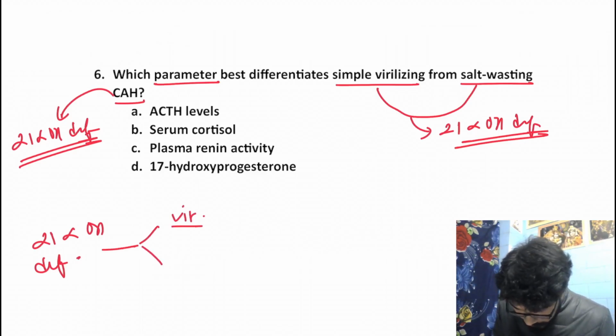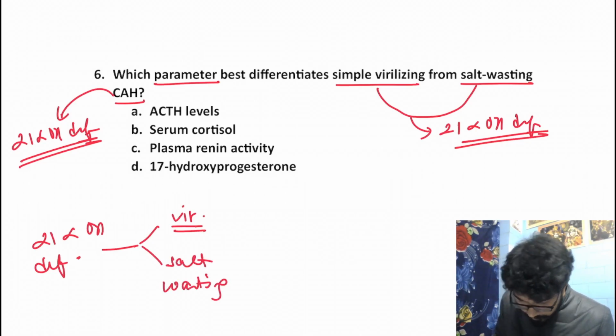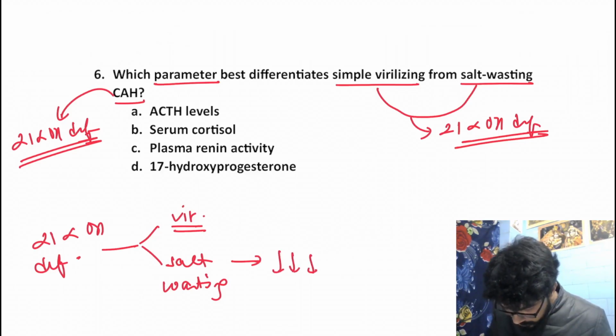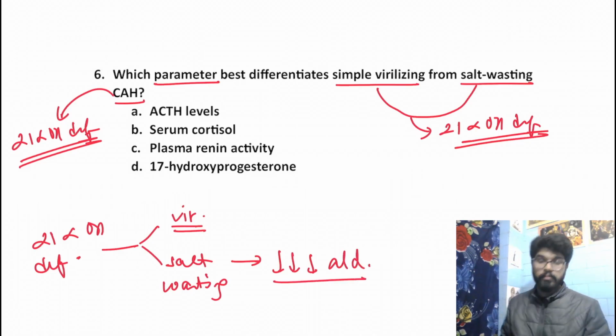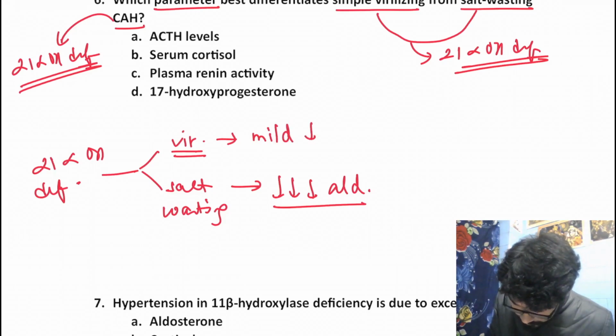One is simple virilizing type, and second is salt wasting type. As the name suggests, salt wasting type will have a severe decrease in aldosterone, right? Whereas in simple virilizing type, there would be only a mild decrease in aldosterone.